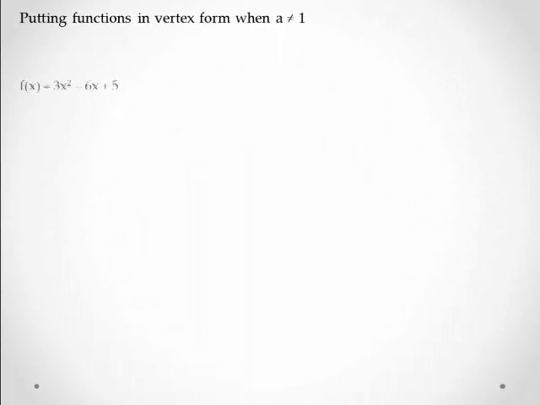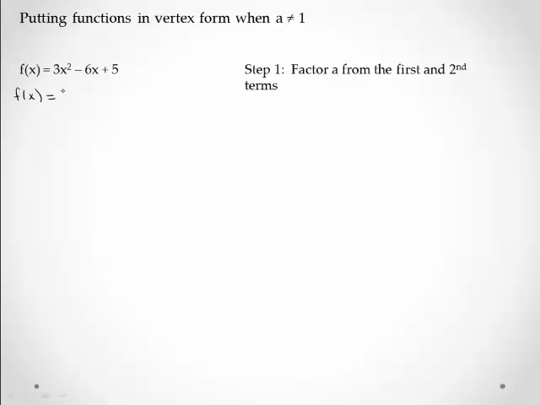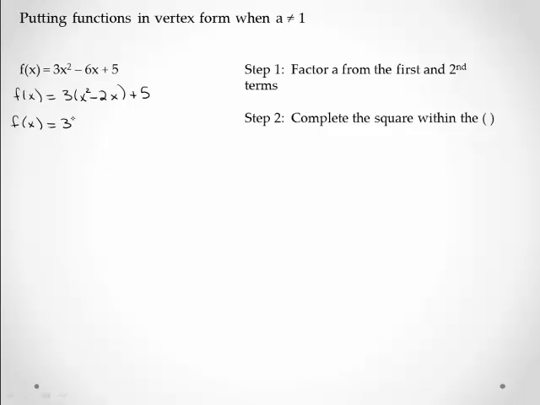So a is not equal to 0. Okay, first we have to factor a out of the first two terms. Okay, so I factored the 3 out. Then I complete the square within the parentheses. Well, -2 divided by 2 is -1. -1 squared is 1.